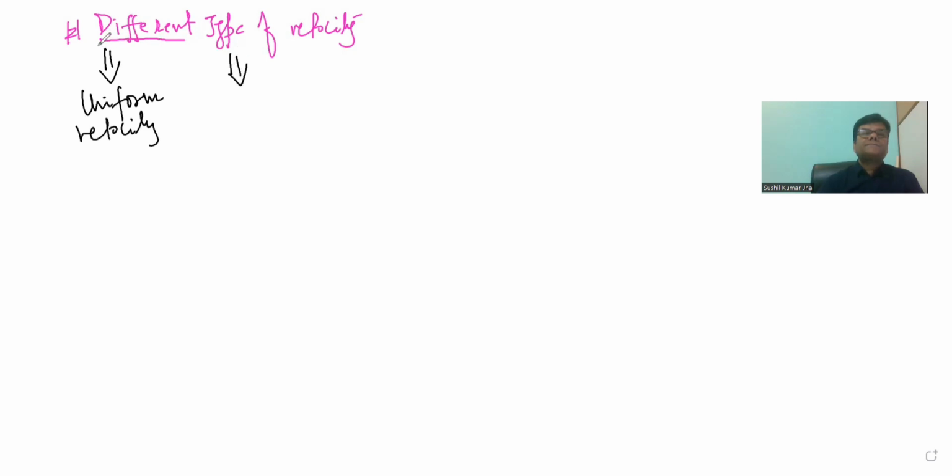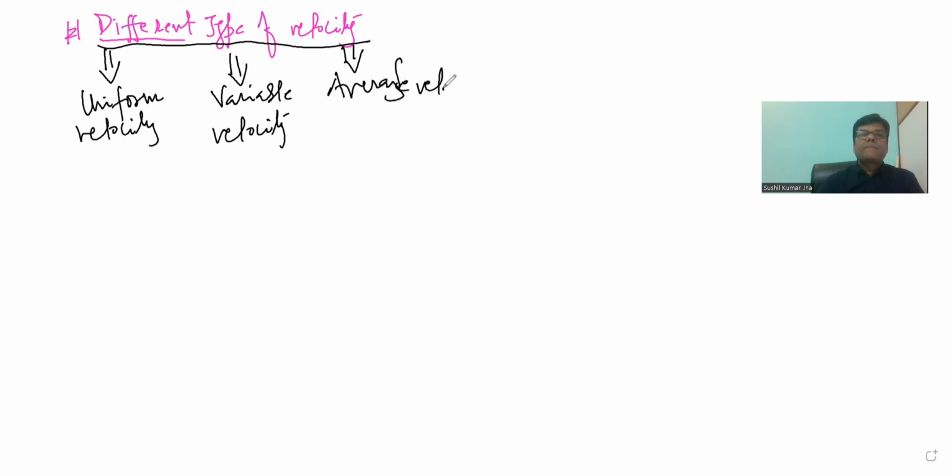Then second, variable or non-uniform. Then third is called average velocity. First, let me clear one thing. When we talk about speed and velocity, the main difference is distance and displacement. In case of speed, we take distance. In case of velocity, we take displacement, right?